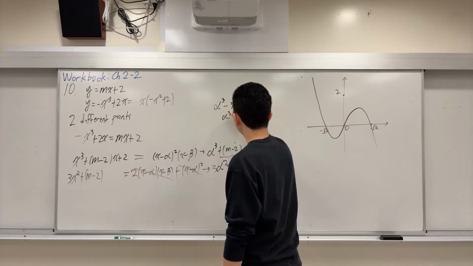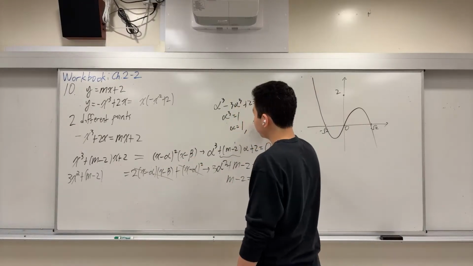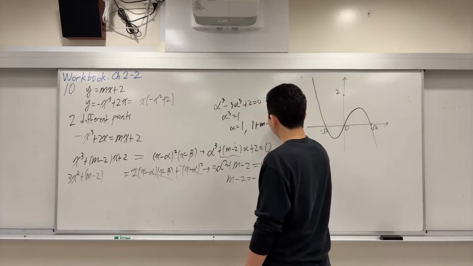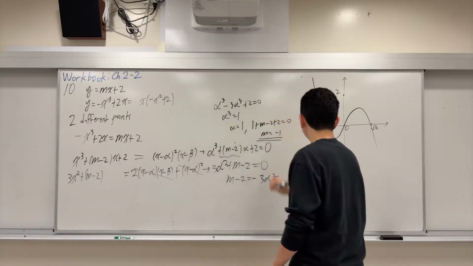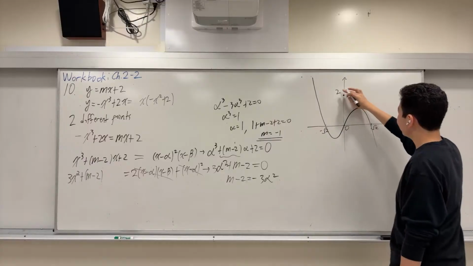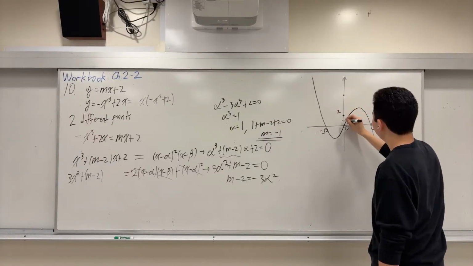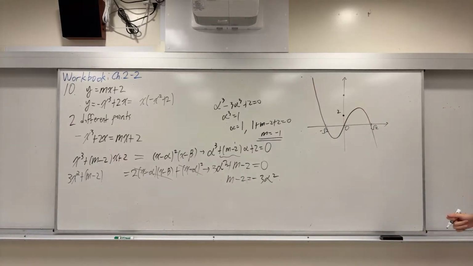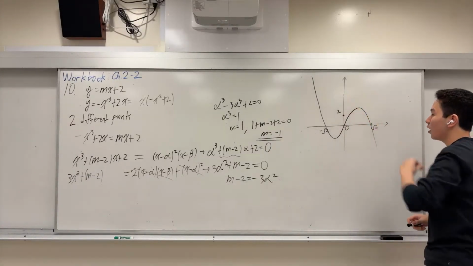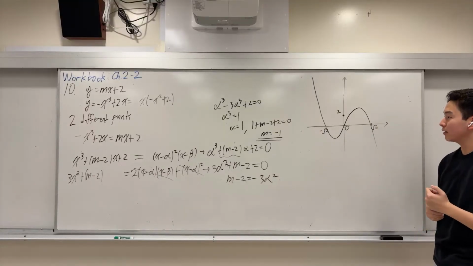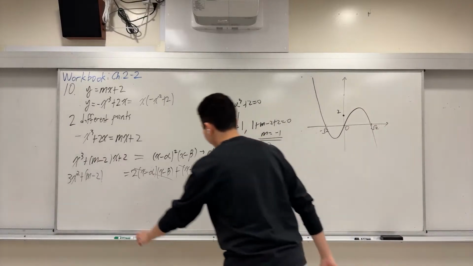So alpha cubed equals 1, alpha equals 1. 1 plus m minus 2 plus 2 equals 0, so m equals negative 1. So we know by algebra that the slope is going to be negative 1, so the y-intercept should actually be close to here. So, okay, the point is that if you know how these graphs are drawn, then we can make some quicker conclusions about how this problem could be solved.